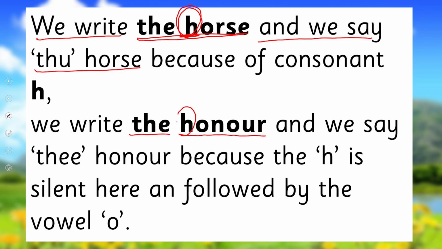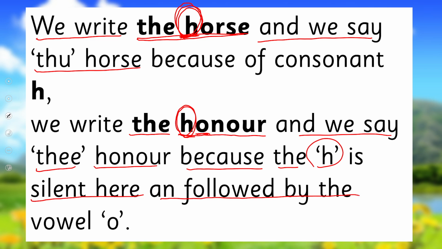Because here, no doubt the first letters are the same, but here the first sound is the vowel sound, "thee honor". You got it? And we say "thee honor" because the H is silent here as followed by a vowel O. Right? This is what I make you conscious about.